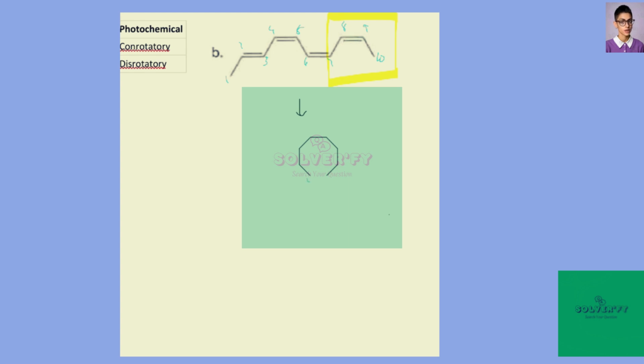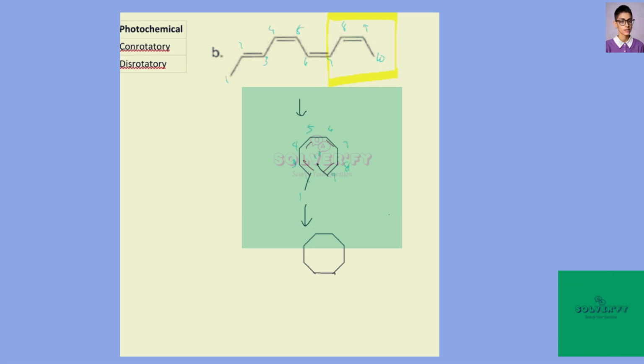So again, let's number our carbons. 2, 3, 4, 5, 6, 7, 8, and 9. We know that we have double bonds between 2 and 3, 4 and 5, 6 and 7, 8 and 9. And again, carbon number 1 is in trans, so carbon number 1. But this time, carbon number 10 is in cis configuration. That's carbon number 10.